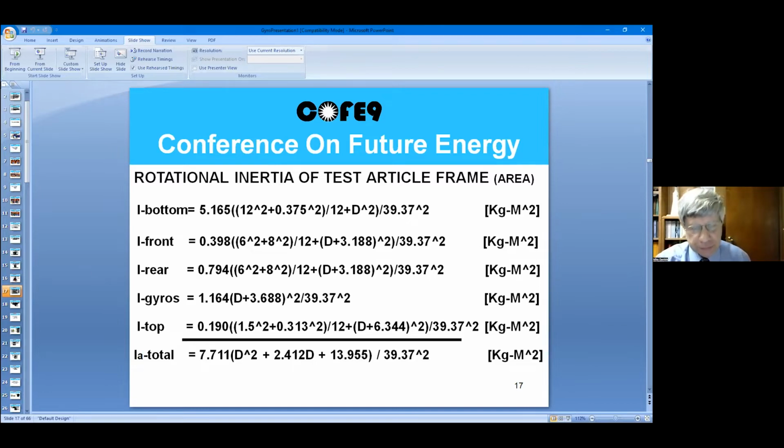Rear plate, same dimensions, only this one weighs about twice as much because it carries the instrumentation package. So you square those, the 8 and the 6, and it has the same offset distance. And then you convert to meters. Now the gyros, the two gyros weigh 1.164 kilograms.